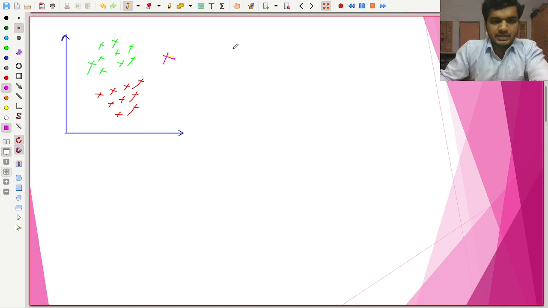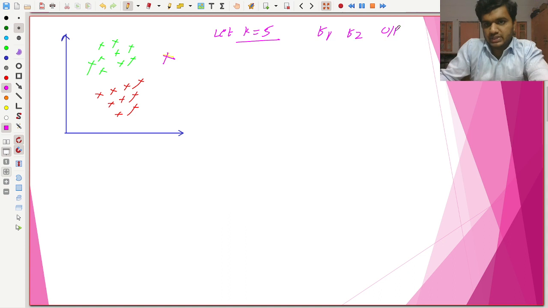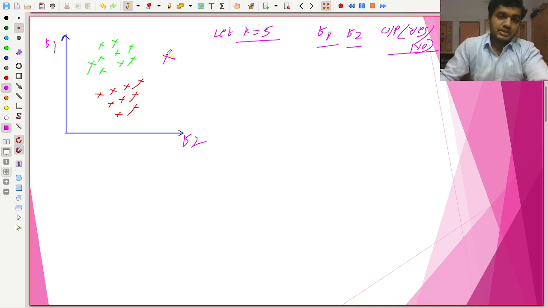Here you assume k equal to 5, and there are features f1 and f2. Your output will maybe be yes or maybe no. A new feature will come, and let k equal to 5.